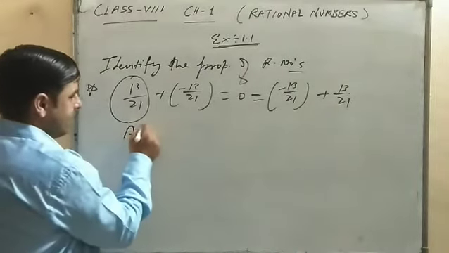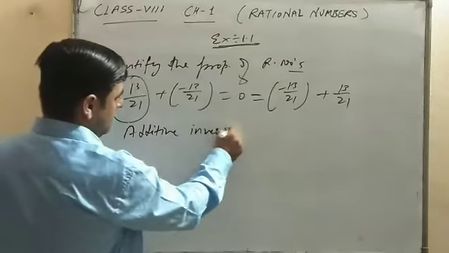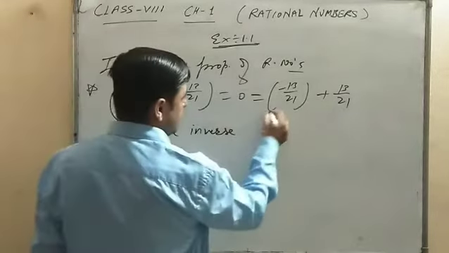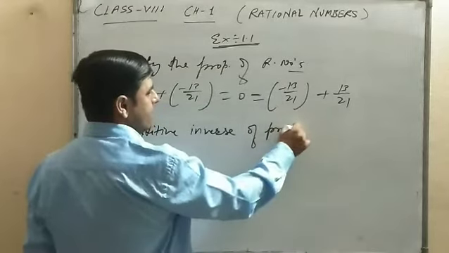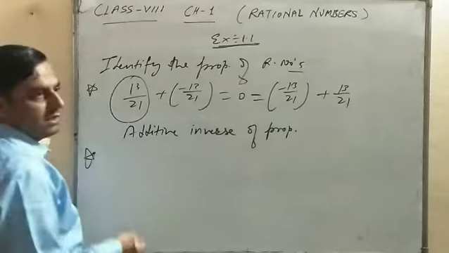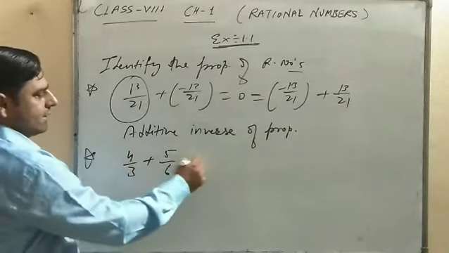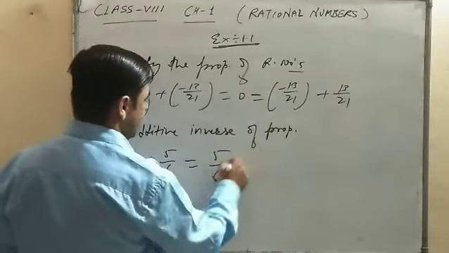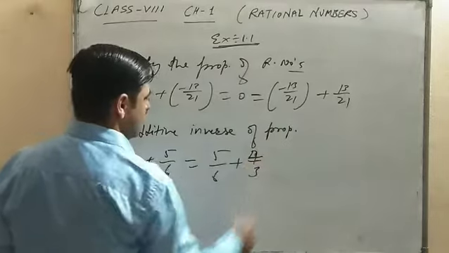So it is called additive inverse property. Okay, next one is 4 upon 3 plus 5 upon 6 is equal to 5 upon 6 plus 4 upon 3.